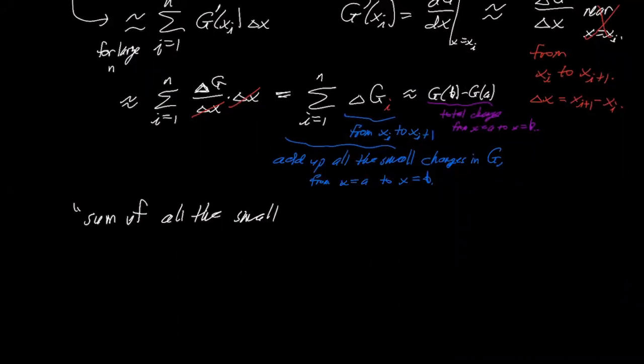We're stopping at each of those signposts along the x-axis from a to b, all those little tick marks we've been drawing between a and b where they're spaced out by delta x each time. We're stopping at all those signposts and saying, well, what's the change from here to here? And then what's the change from here to here, right? So actually I might draw a schematic of that in a second, but the sum of all the small changes equals the total change.